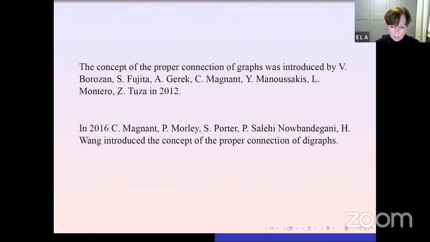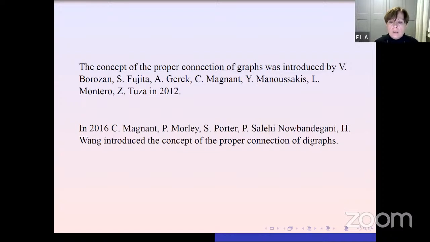The concept of proper connection was introduced by these authors in 2012, and this paper inspired many new results on proper connection numbers of graphs. In this paper, these authors introduced the concept of proper connection for graphs.